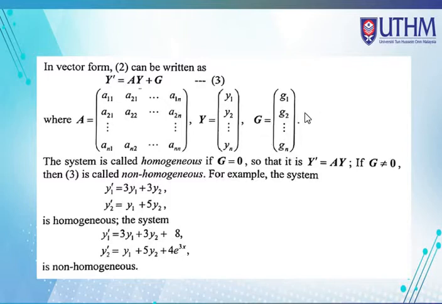This system is called homogeneous if the value of g is equal to 0, that is, y prime equals Ay. If g is not equal to 0, it is called non-homogeneous. Non-homogeneous means that g has some value, either an exponential, trigonometric function, or a constant.